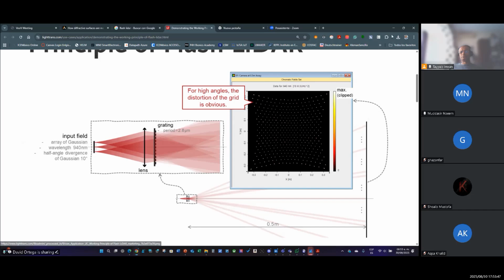Okay, so you are taking a 2D array of sources, laser sources, yes. Then you want to put it on a grating and create this kind of pattern. Okay.